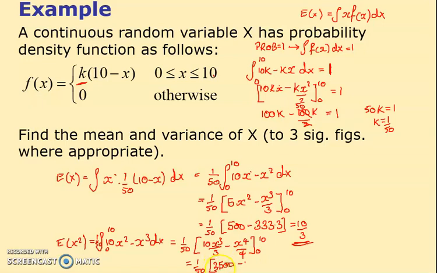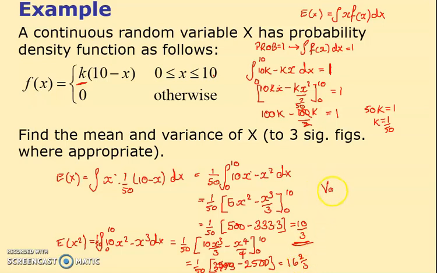Alright, so this one's 3333 when I do it, minus the 2,500, divided by the 50 at the front, and I get 16 2/3.